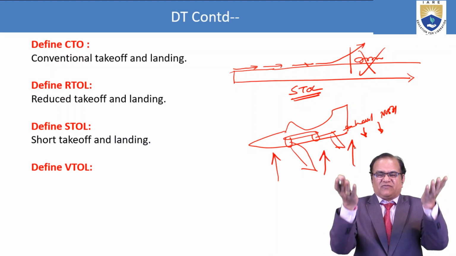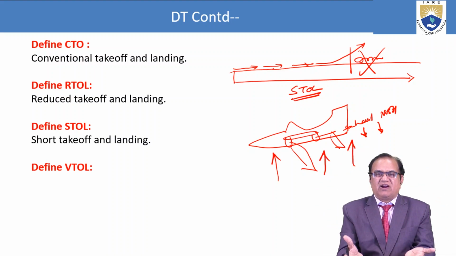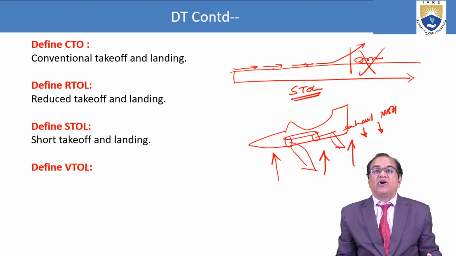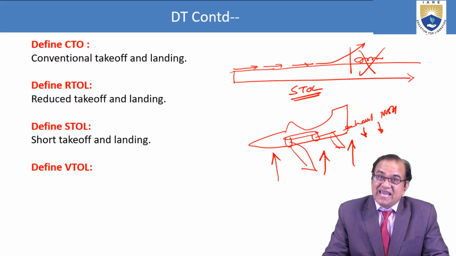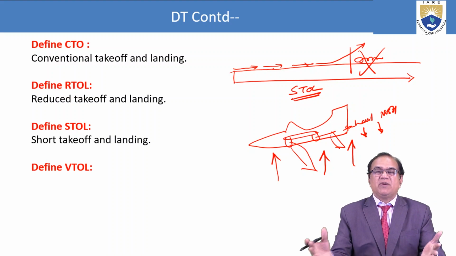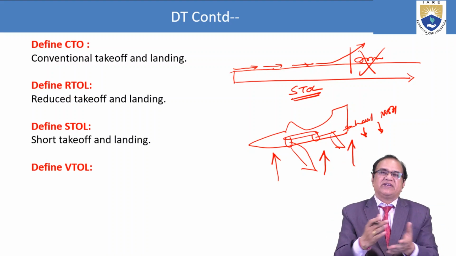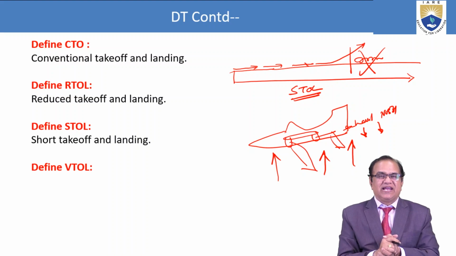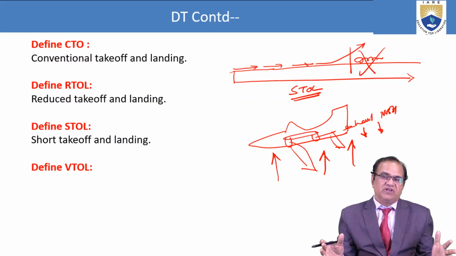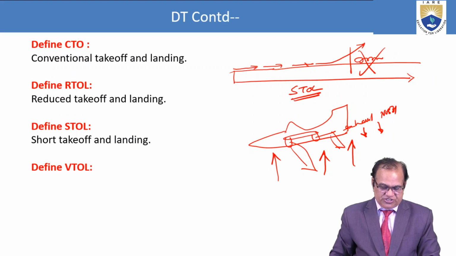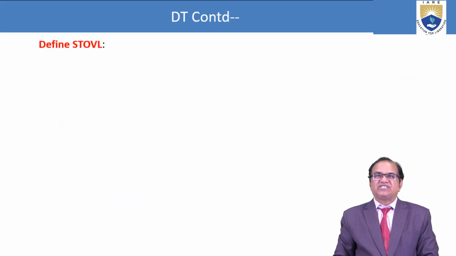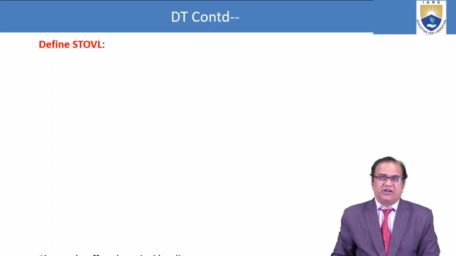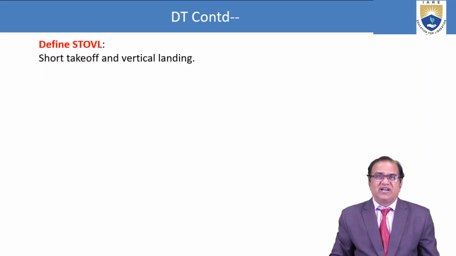Vertically, like a helicopter, it will go. Thrust will go down, aircraft will go up. That is called the vertical takeoff and the landing. In the Indian Navy, we had the Sea Harrier aircraft that was able to take off vertically and go down. Landing and takeoff were performed with the help of 4 jets. Define STVOL, short takeoff and the vertical landing, as the same.